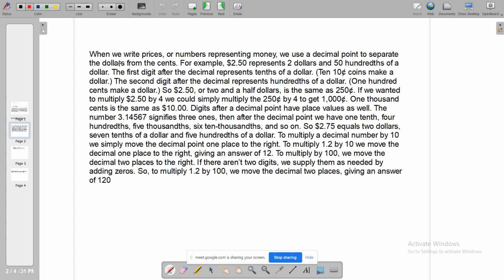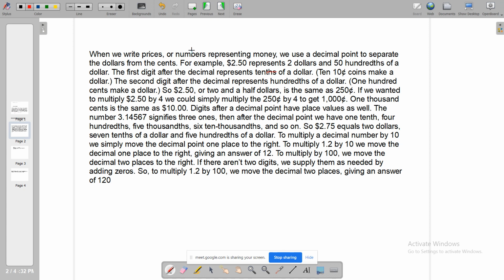So the first digit after a decimal represents tenths, so this first digit, which is 5. The th here is used when we are dealing with decimals. We have hundreds, tens, ones. Now when we are dealing with decimals, we add the th to it.